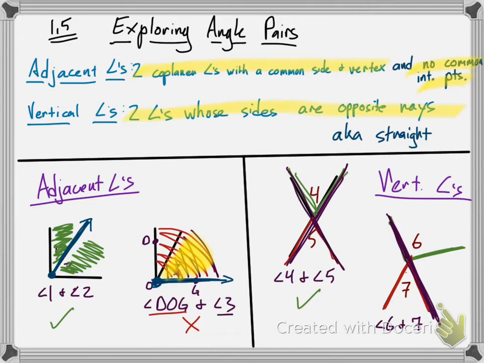However, the issue is with our other pair of sides. Those are not a straight line. They're not opposite rays. So angle 6 and 7 would not be an example of vertical angles. Even though they're across from each other, those sides aren't forming straight lines.